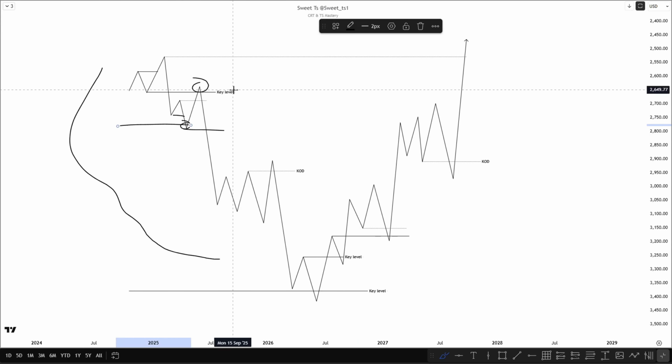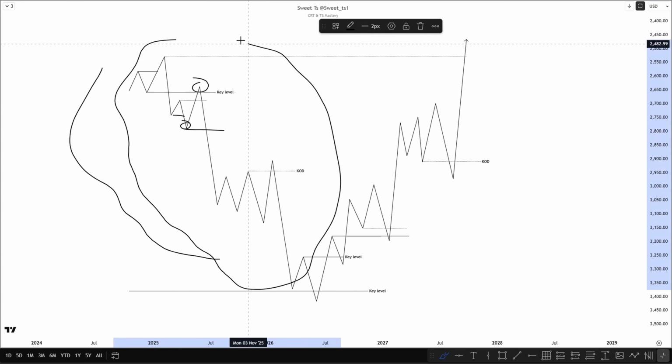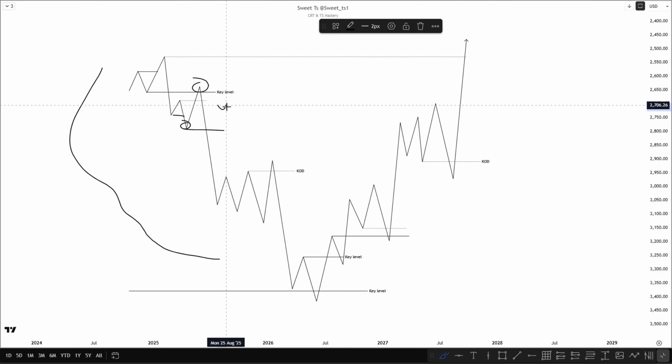After we hit the key level, we can also profile the markets from here, which is going to look like this. It's going to be a break of the high and then a lower time frame liquidity engineered like this, and then we break until we reach the targets.